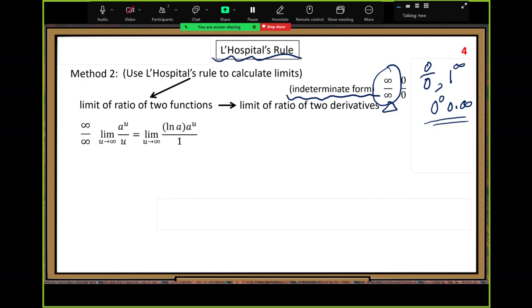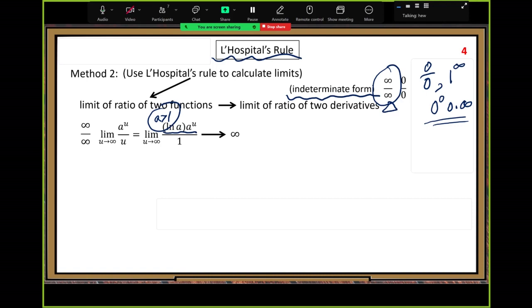It has the natural log of a. Remember, a is greater than 1. Remember that condition.